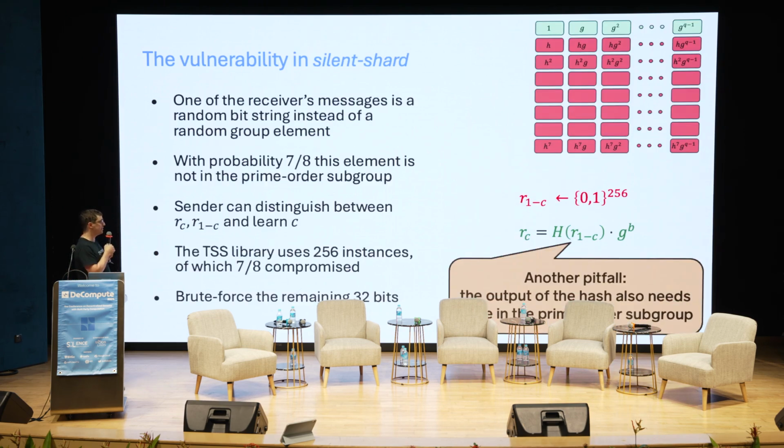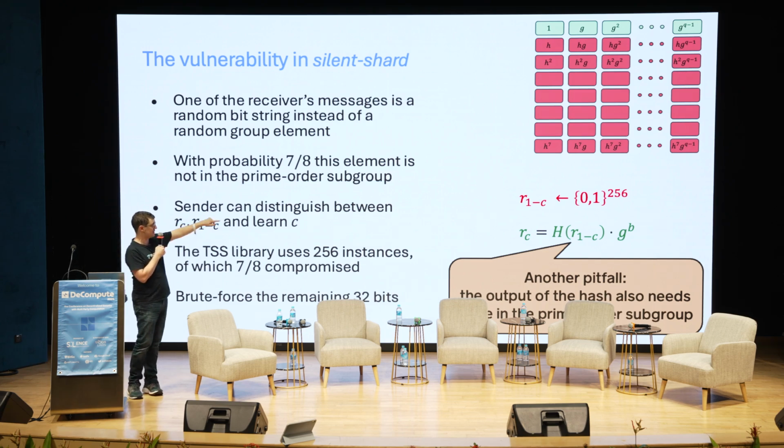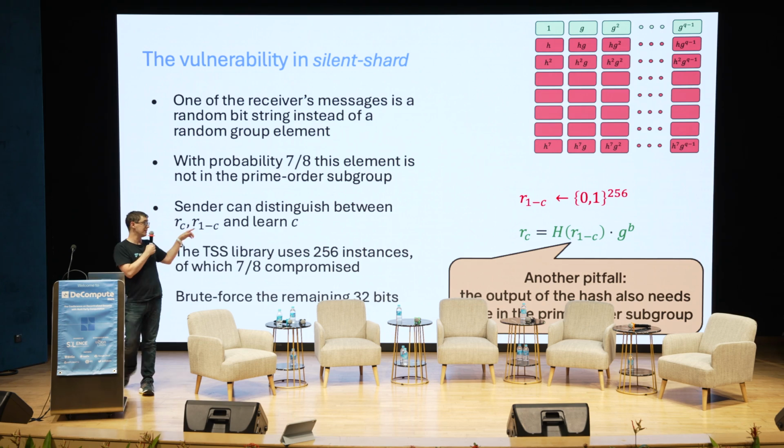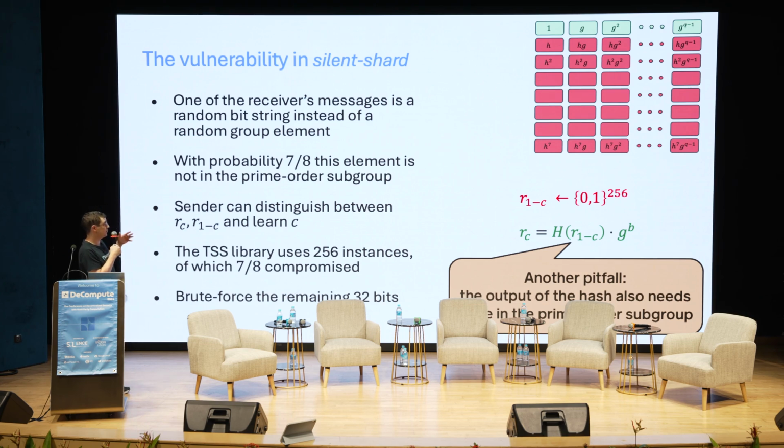Specifically, the problem in this implementation was that, if you remember, the way that the protocol should work is that the receiver should sample R1 minus C as a random group element in G. Here, in the implementation, instead, the receiver sampled it as a random 256-bit string. So essentially instead of picking a random green point, as they should, the receiver picks any 256-bit string, which with probability 7/8 will be one of those red points.